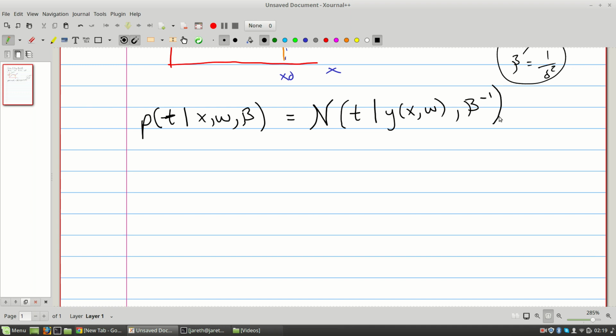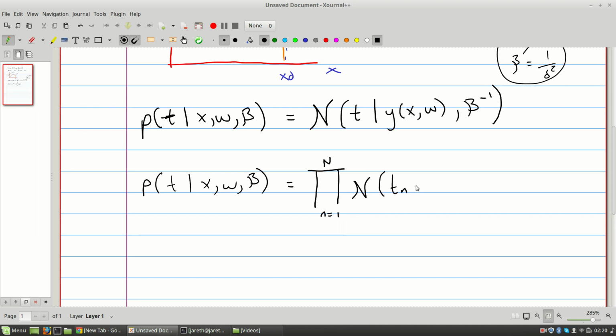So we can better express this by saying the probability of t given x, w, and beta is equal to the product from n equals 1 up to N of the normal distribution of t_n given y(x_n, w) and beta inverse.